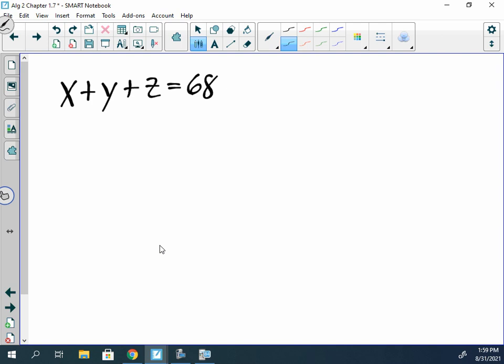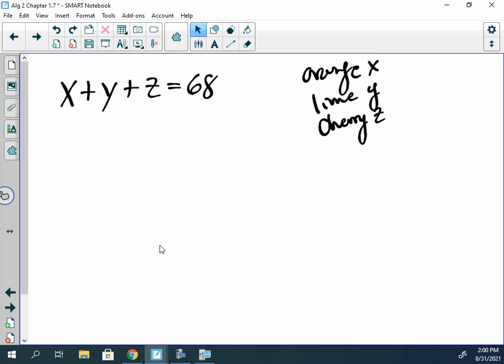Okay. So that deals with that part. So orange is X, lime is Y, and cherry is Z. So let's see what else it tells us. He separated them by flavors and found that there were 2 more orange than lime. Well, orange is our X, yes? So X is equal to what?